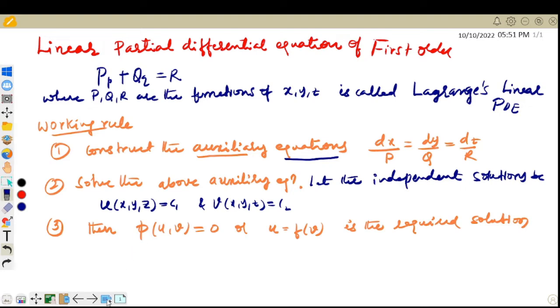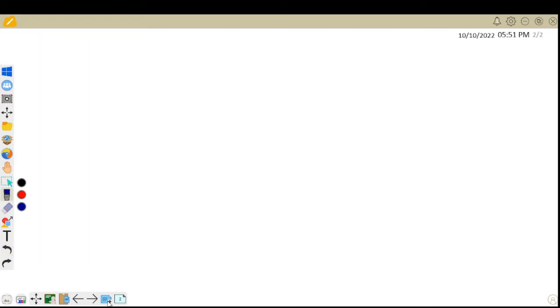Now let us solve one example based on Lagrange's linear PDE. Solve p tan x plus q tan y is equal to tan z.